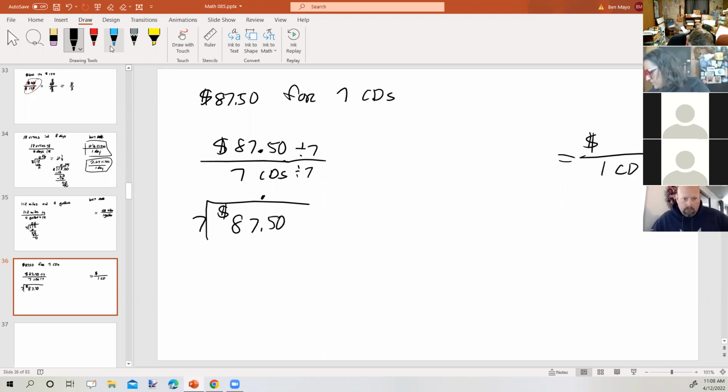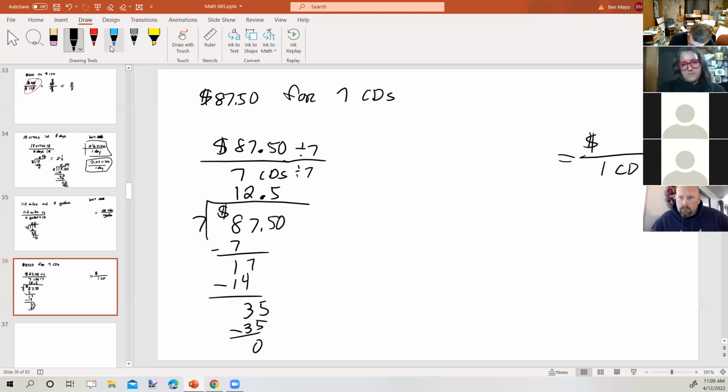So my decimal point's going to go right there. 7 goes into 8 once. Bring down the next number. 7 goes into 17 twice. Bring down the next number. 7 goes into 35 5 times. And so we get 12.5.